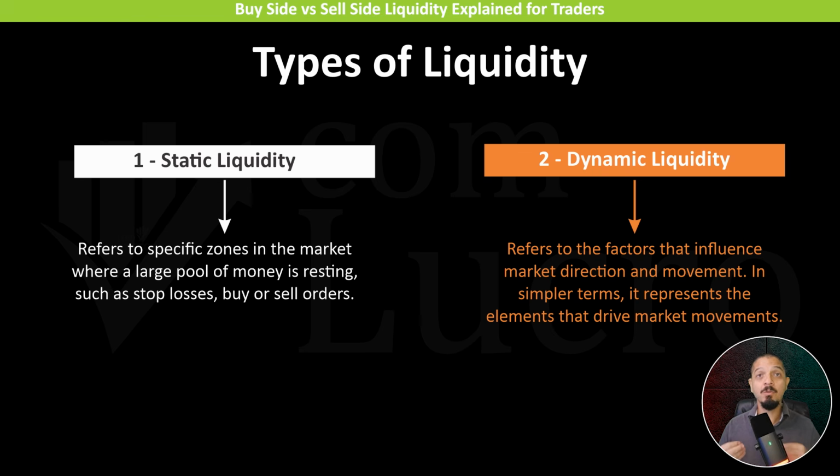Dynamic liquidity refers to the factors that influence market direction and movement. In simpler terms, it represents the elements that drive market movements, while dynamic liquidity explains what drives movement. Static liquidity shows us where orders are resting on the chart, and it is inside these resting pools that buy-side and sell-side liquidity are formed.